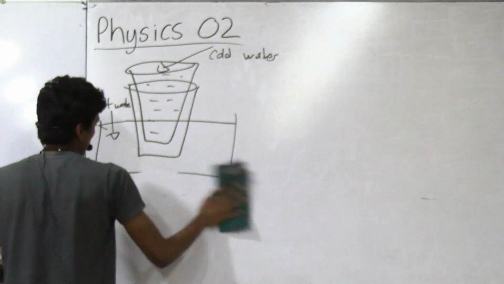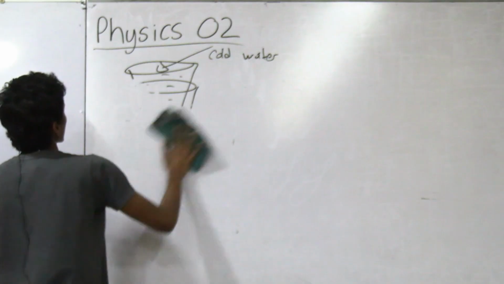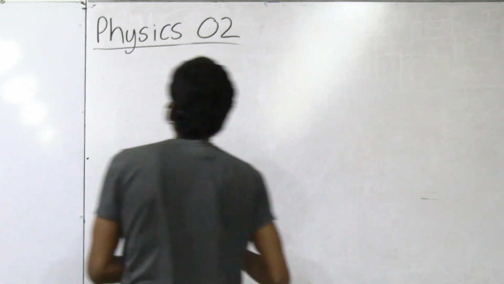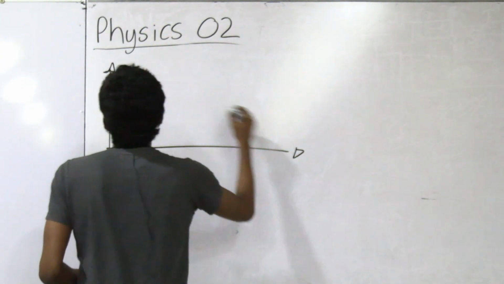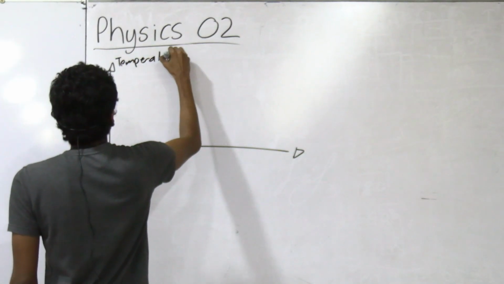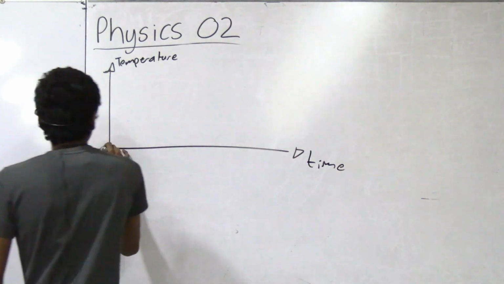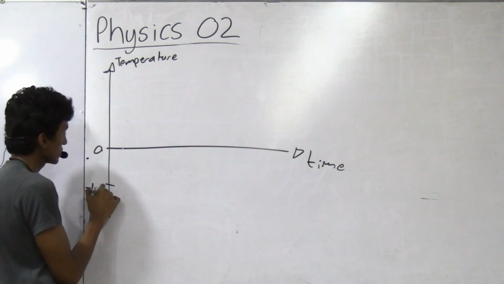Initially the block of ice was at negative 10 degrees Celsius, so it's at the solid state. If we draw the axis like this, temperature versus time, at the 0 mark it was at minus 10.